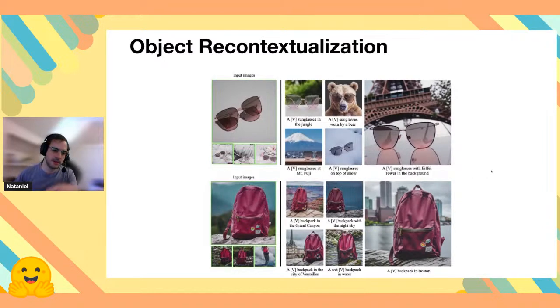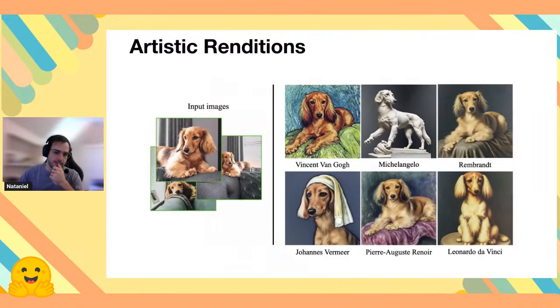Okay, so these are some of the figures that you might be familiar with that are in the original paper. Object recontextualization: you can grab a subject or object and then put it in different scenes. That's one very interesting application of Dreambooth. You can have artistic renditions in different styles that are already kind of baked into the model.